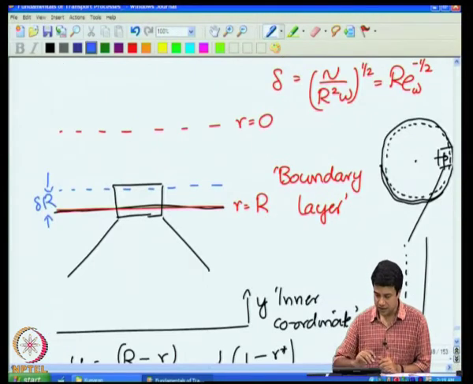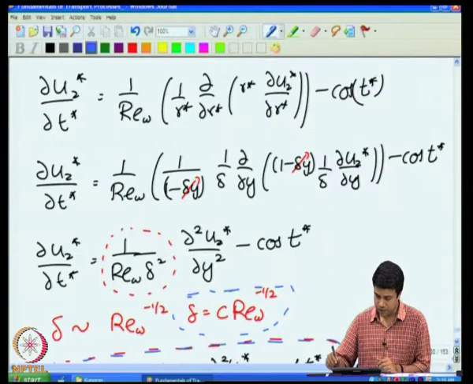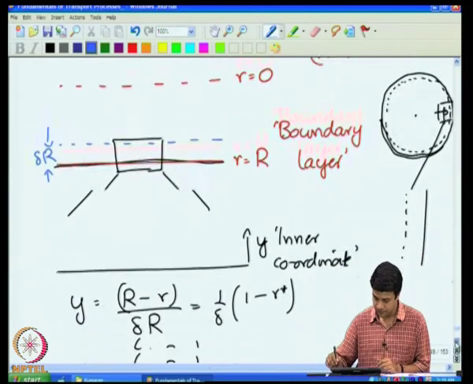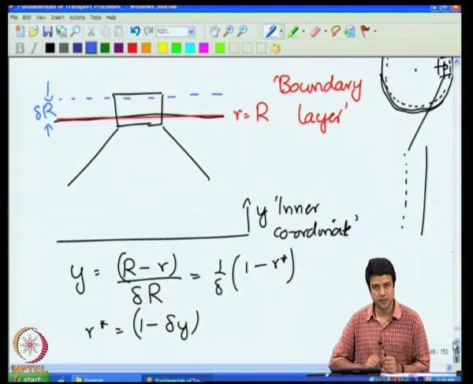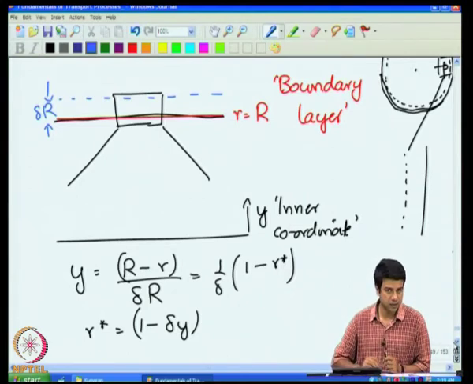And once I know that, I can rescale my coordinate in the inner layer. I can define a scaled coordinate y, which represents the thickness over which there is a balance between the inertial and viscous terms in the limit Reynolds number becomes large.